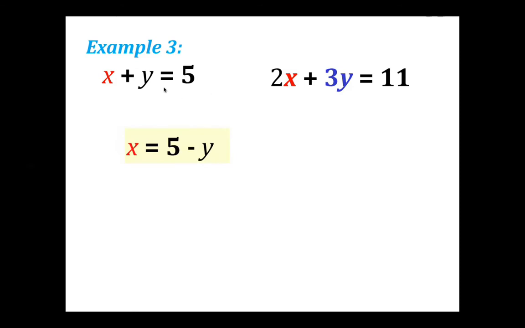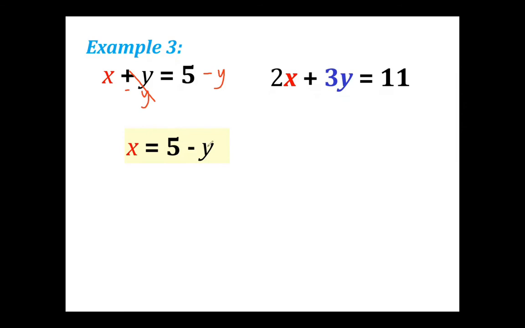So I'd go ahead and set it to x. You can also set it to y if you'd like, but I'll just go ahead and do x. And to do that, I would just subtract y from both sides. Y would cancel, and now you're left with an equation that is set to x.